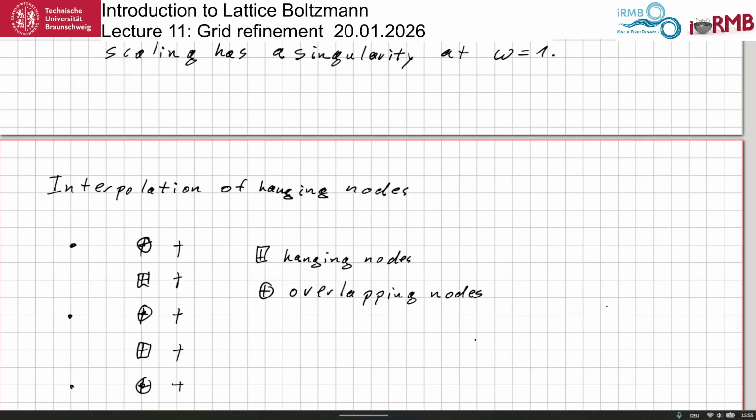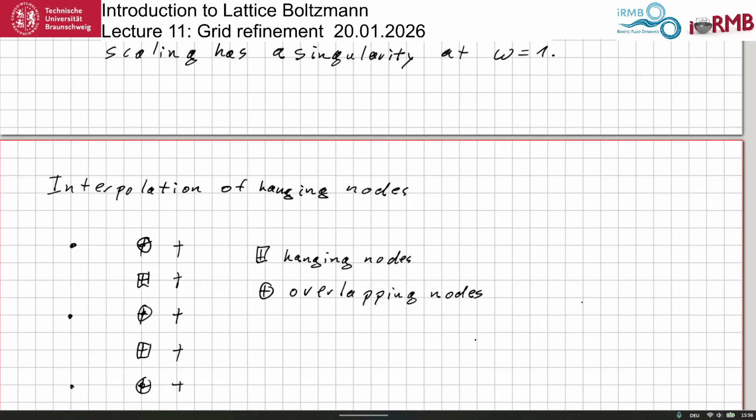But how many nodes is your stencil if you want quadratic interpolation? How many nodes do you need? For linear you need 2, so for quadratic you need 3. But you prefer symmetry, so what you actually use is 4.